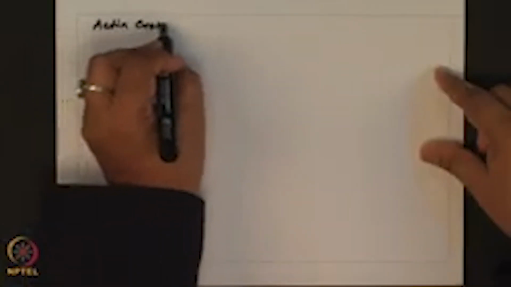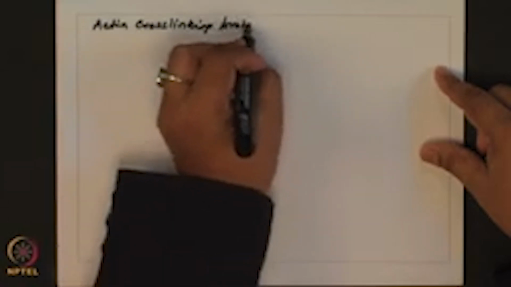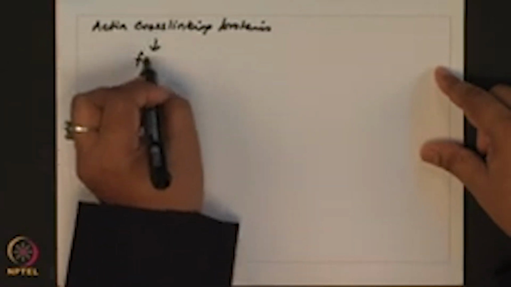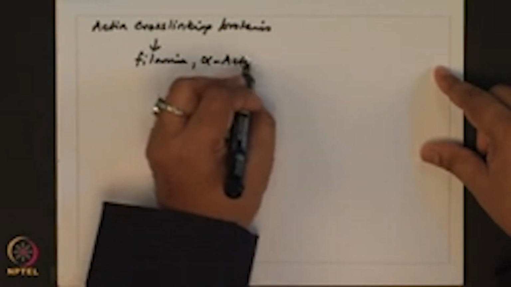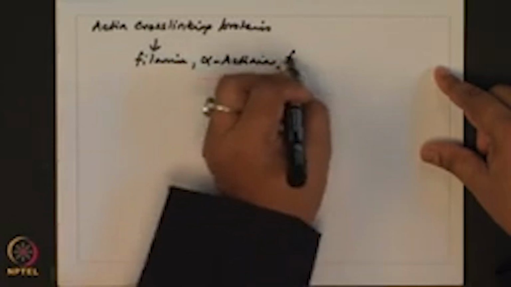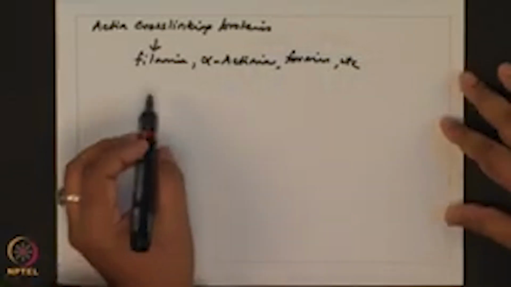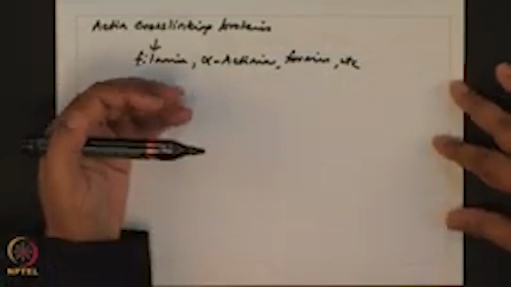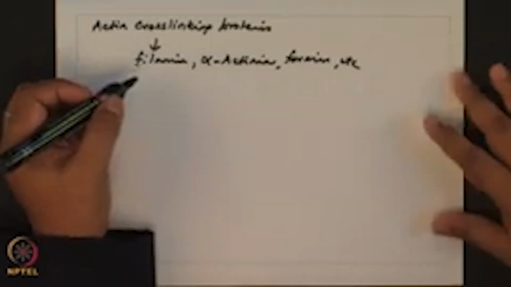These would include actin cross-linking proteins like filamin, alpha actinin, formin, etc. But these are all internal controls or internal molecules which will alter cytoskeletal organization.